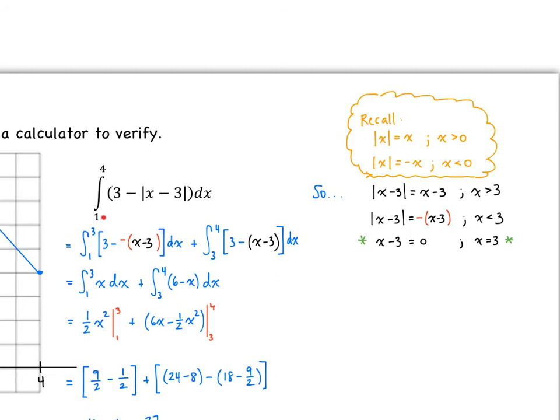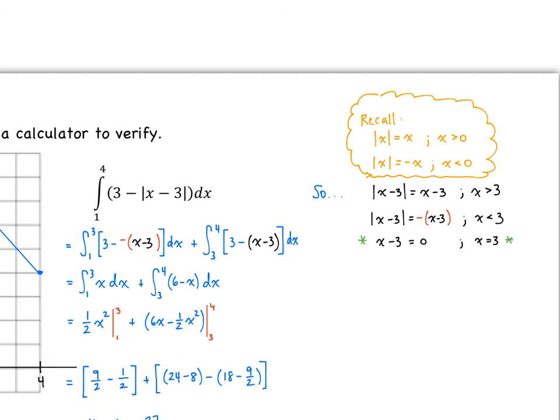So instead of the integral from 1 to 4, I'm going to break it up into two separate integrals. The first integral goes from 1 to 3, okay, and this is going to be when our x values are 1 to 3, or simply less than 3, then the absolute value of x minus 3 is really equal to the opposite of x minus 3, okay?